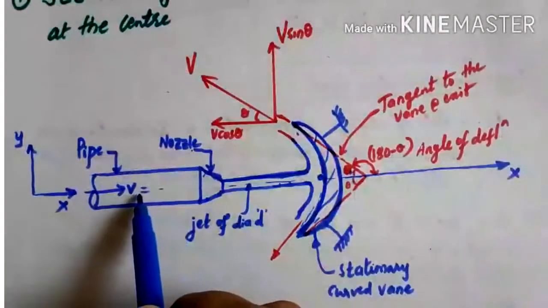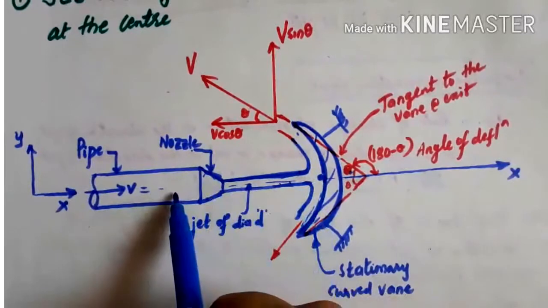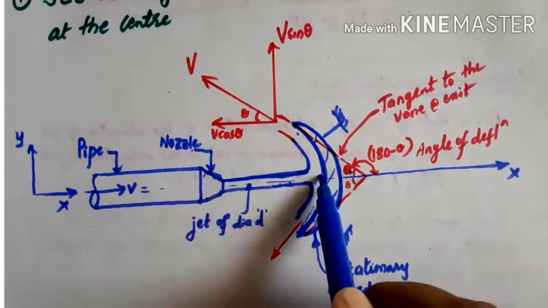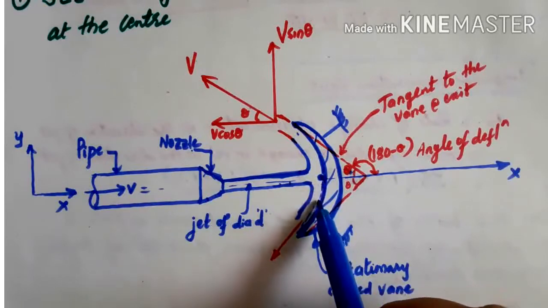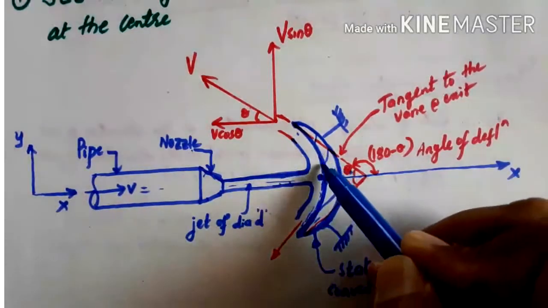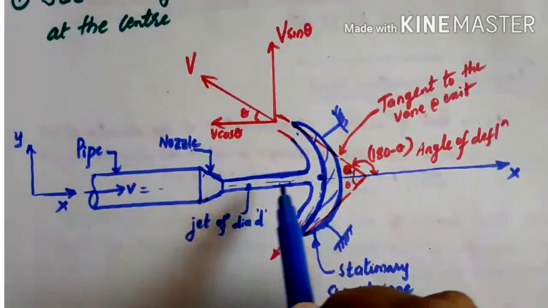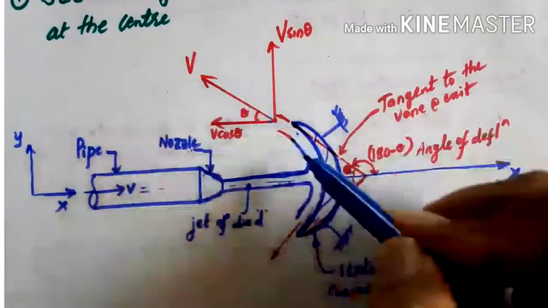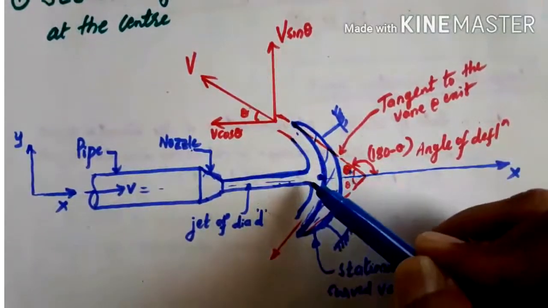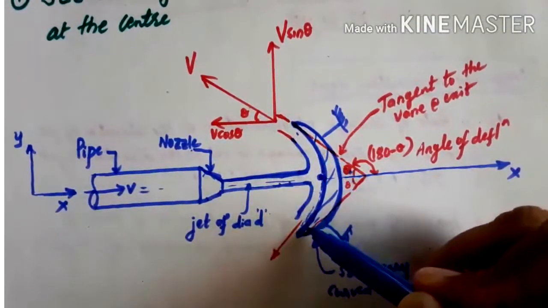So I consider the velocity of the jet as v; with velocity v it strikes at the center. After striking, the water glides over the surface and comes out at some angle, with the same velocity. So there is no loss here. That is the assumption we have to make.